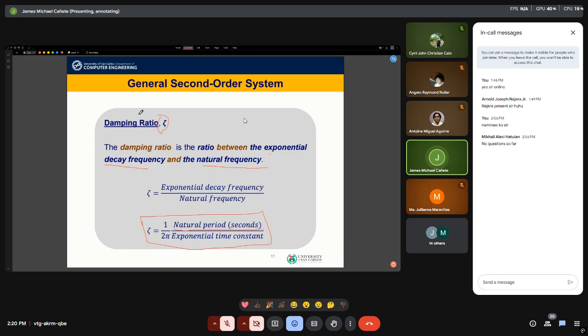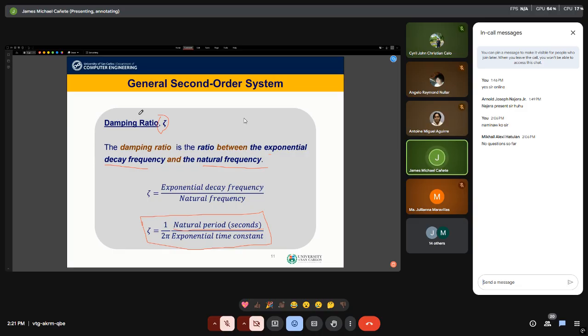So the damping ratio mathematically is defined as the exponential decay frequency divided by the natural frequency. So ang kaning second definition, importante ni siya, gi-convert niya ang units. So the exponential decay frequency is converted to the exponential time constant, so 1 over the frequency na siya.